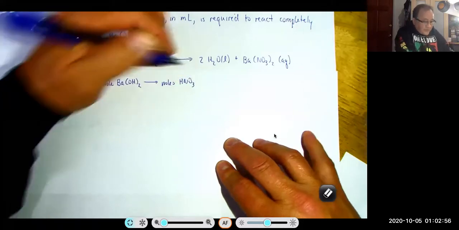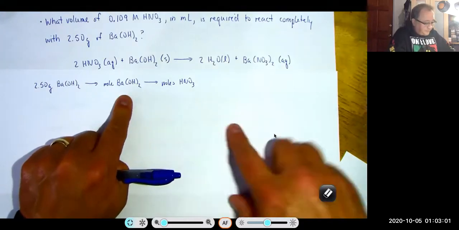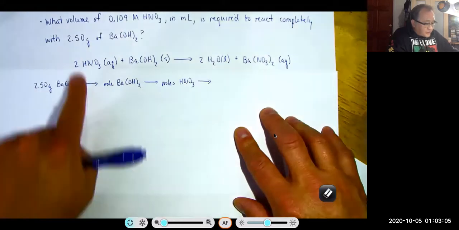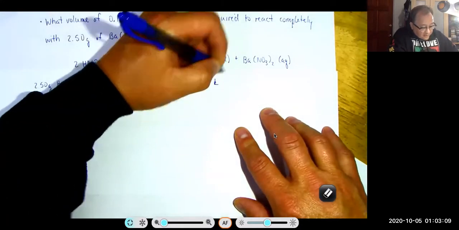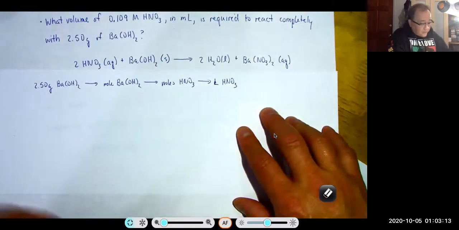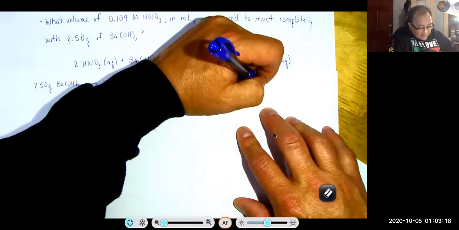So that's always the key of going from one thing to the other. You go from moles to moles using the balanced reaction. And then I'm going to use this concentration to go to liters of nitric acid, because molarity is moles per liter, not moles per milliliter. And then finally, I can go to milliliters of nitric acid.